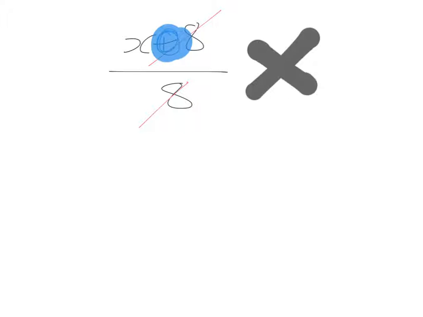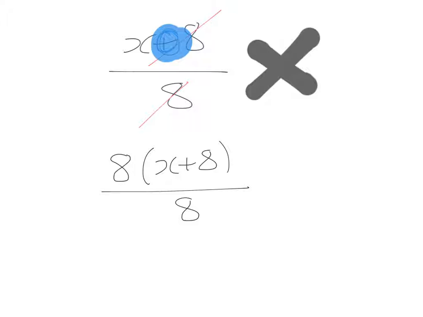If we had the expression 8 bracket x plus 8 over 8, what we have here is 8, which is multiplying this full bracket. So we've got 8 times x plus 8, and we've got 8 on the bottom.